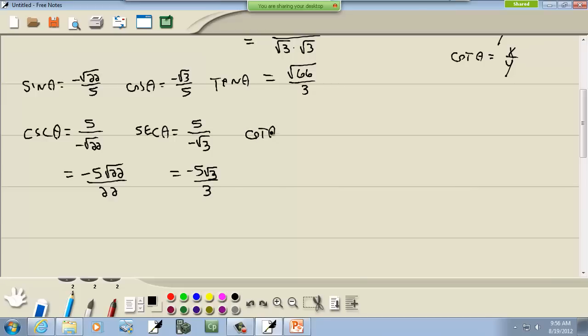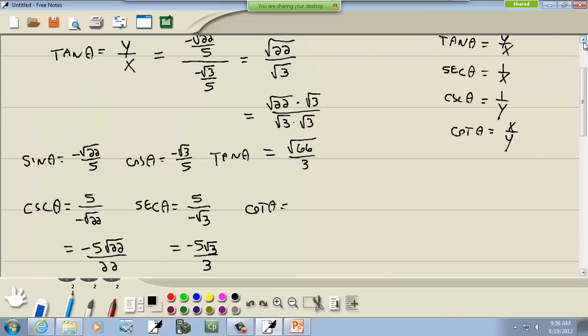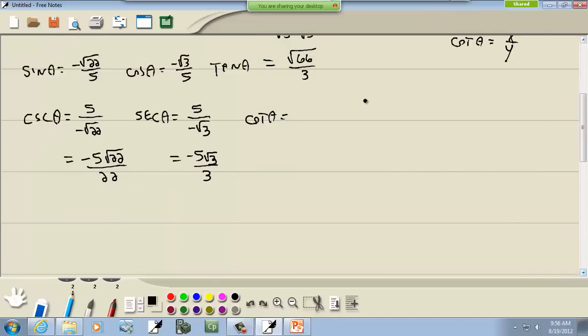And then cotangent is tangent flipped, the reciprocal. Is there a good place to flip that, I wonder? Nope. Okay. So take this, and that gives us 3 over square root of 66. And again, cannot have a square root downstairs, so multiply top and bottom by the square root of 66.